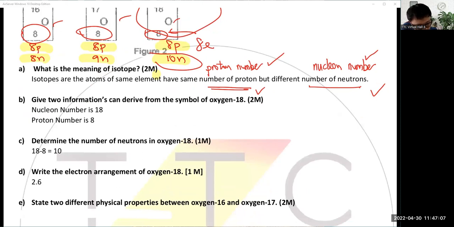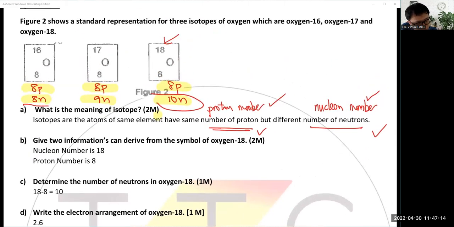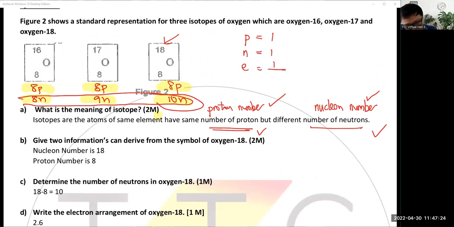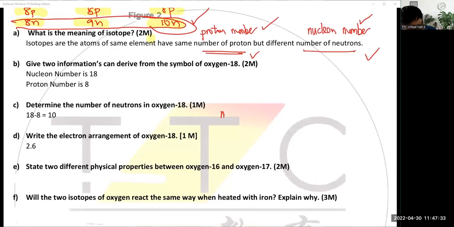What is the difference between the physical properties of oxygen 16 and 18? Because they have different numbers of neutrons, and you know that the mass of a proton is 1, the mass of a neutron is 1 also, and the mass of an electron is 1 over 1840. So if you have different numbers of neutrons, your mass will be different. When the mass is different, mass over volume, which is your density, is also different.